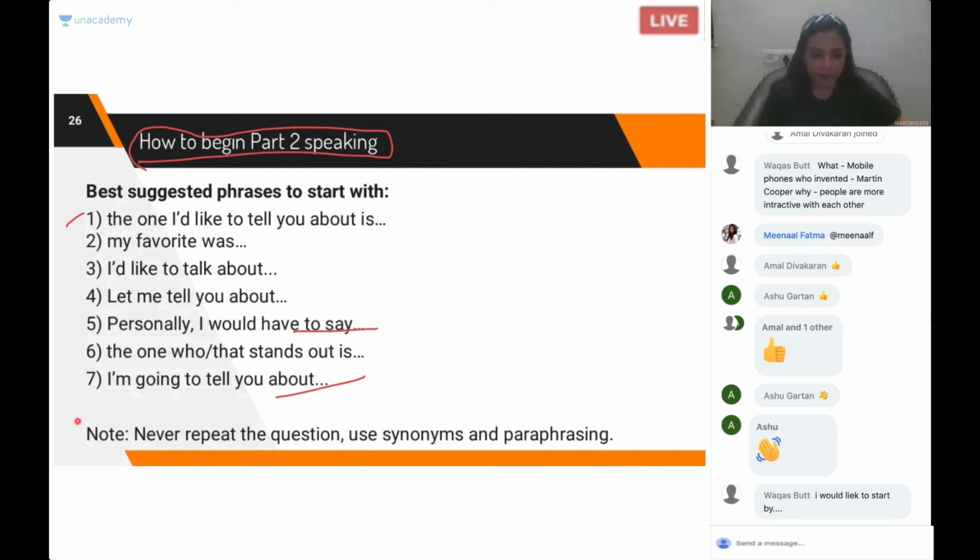And I've written a note here as well, which is very important: never repeat the question. Even when we are doing the writing modules, this is something we are always careful with. You obviously have to introduce your statement by elaborating on the question, but make sure you're not using even one word that is exactly present in the question.